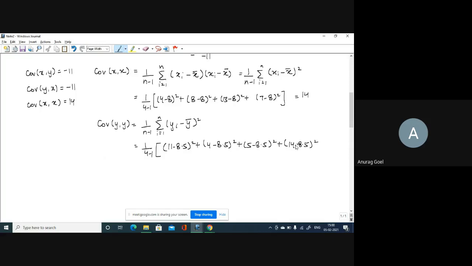If you solve this, we'll get 23. So what is the final covariance matrix? The covariance matrix is written as 14, minus 11, minus 11 and 23.